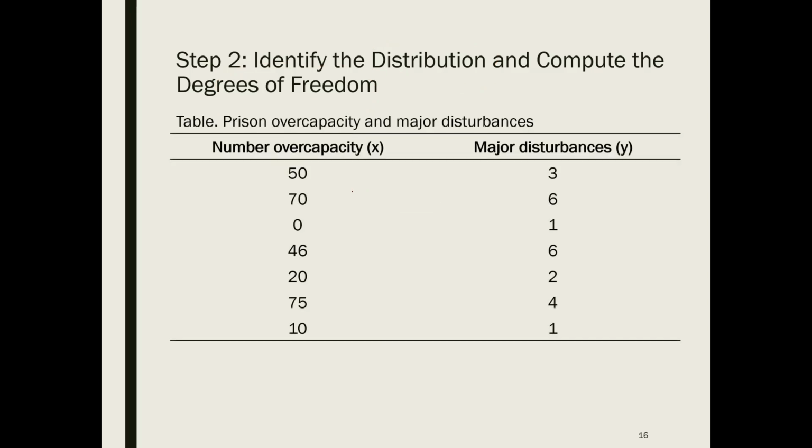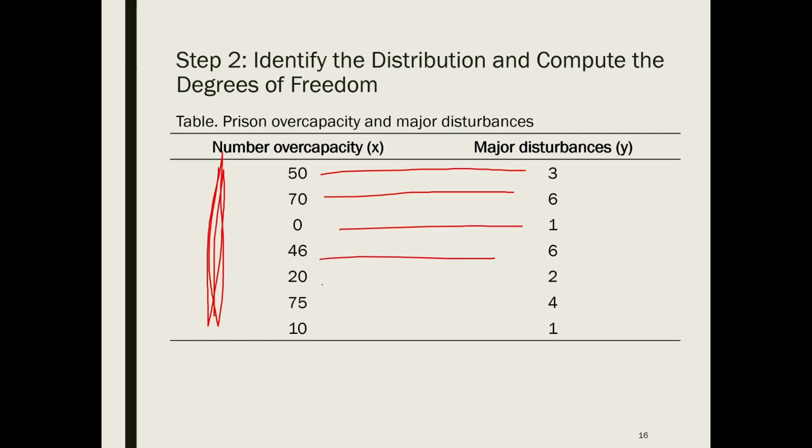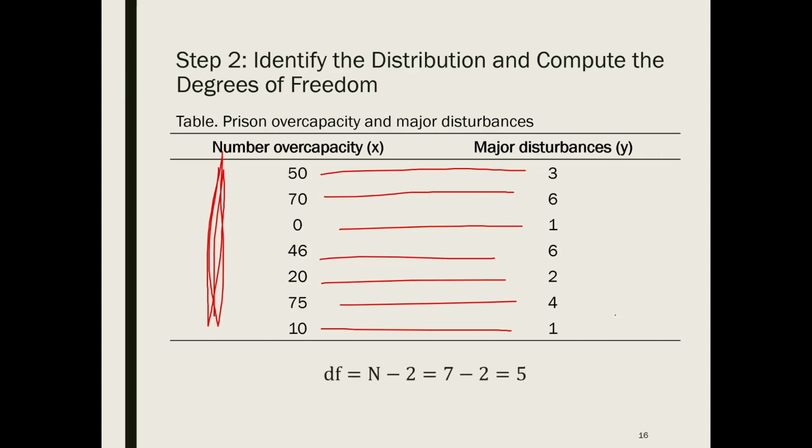Now, again, here I emphasize that there are only 7 prisons. Each of the prisons has overcapacity and major disturbance. So what you see is that the total number of cases is 7, and 7 minus 2 gives us a degree of freedom of 5.